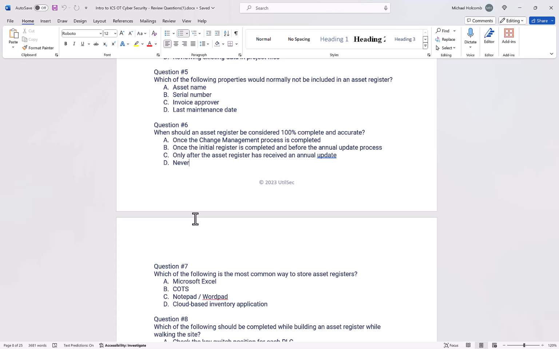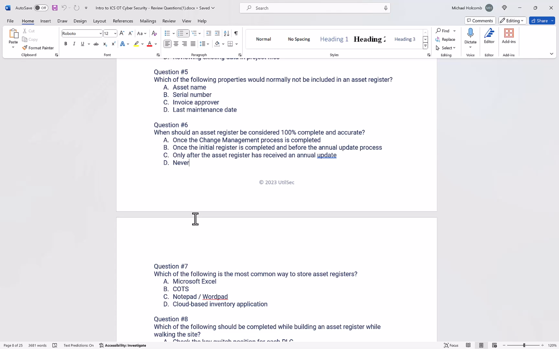From an asset register perspective, I'm not necessarily worried about who approved the invoice to purchase that asset. That should be in other records, but wouldn't necessarily be included in the asset register. It's not relevant to what we're trying to use the asset register for, identifying what we have in the environment to protect. So question 5 is C.